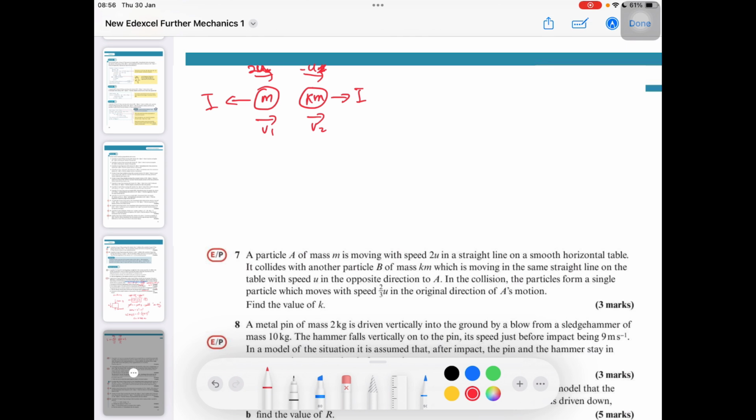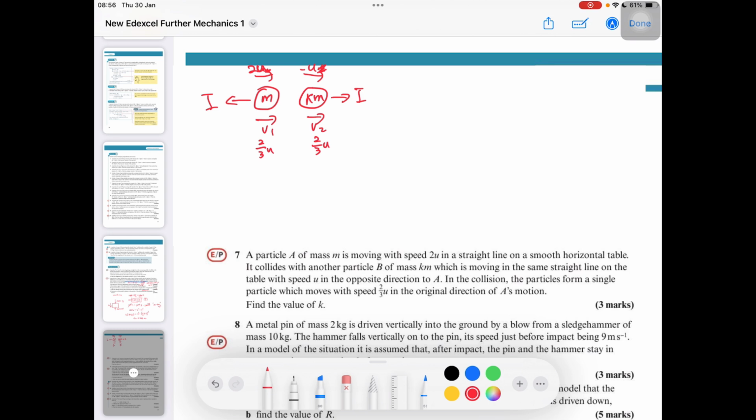So 2u and 2 over 3 u. Find the value of k. Okay, so we use conservation of momentum, so 2u and the formula is mv.